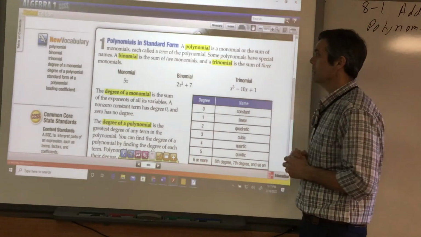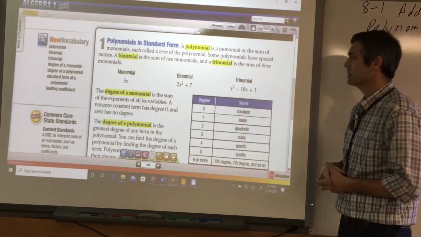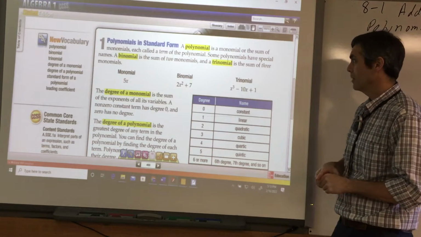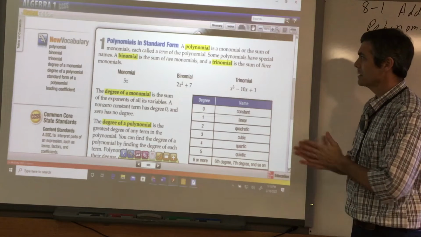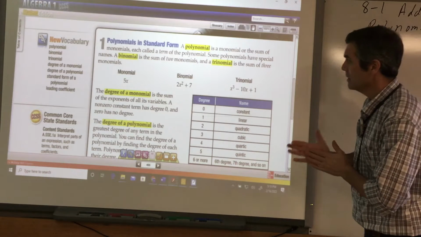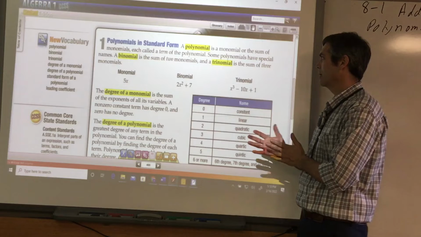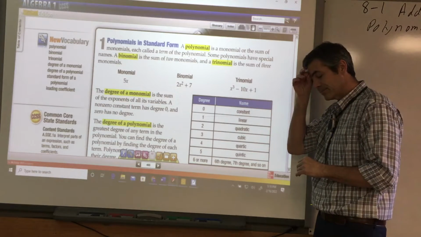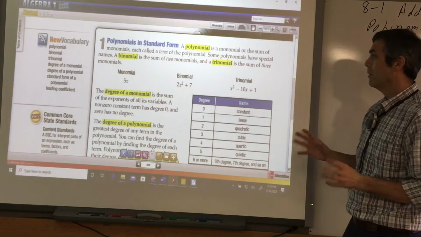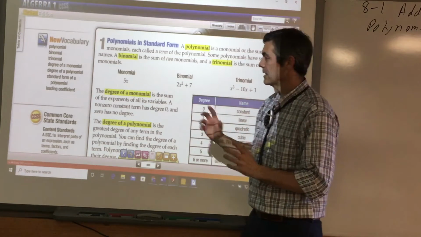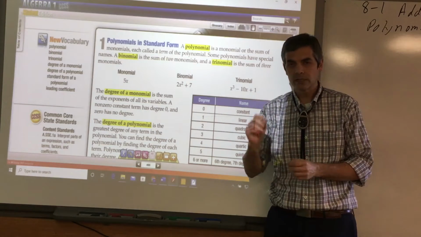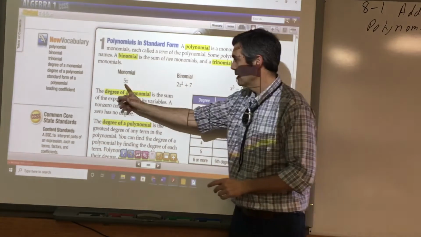All right, a polynomial is a monomial or the sum of monomials, each called a term of the polynomial. Some polynomials have special names: a binomial is the sum of two monomials, and a trinomial is the sum of three monomials. Monomials are basically a term with a variable, like this x here.